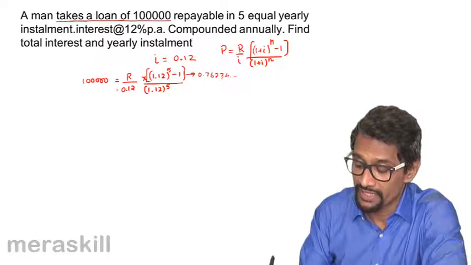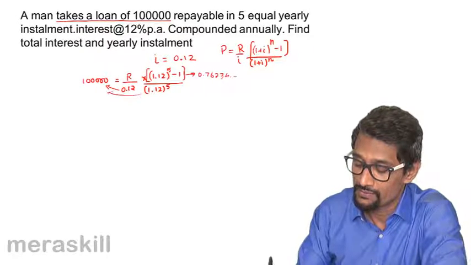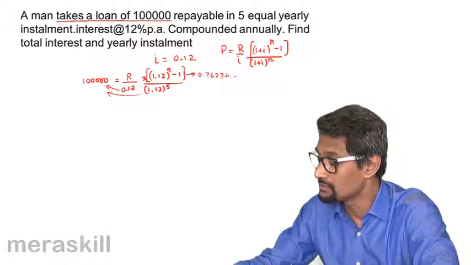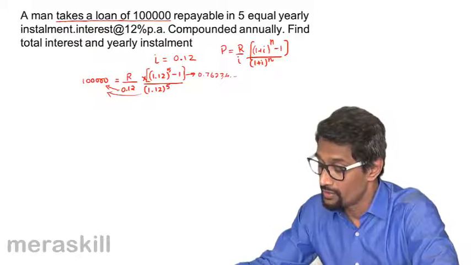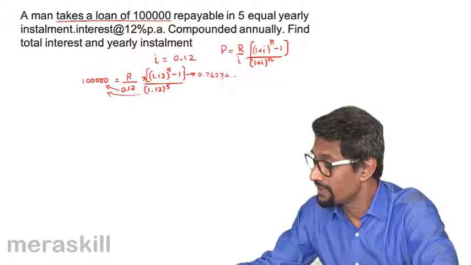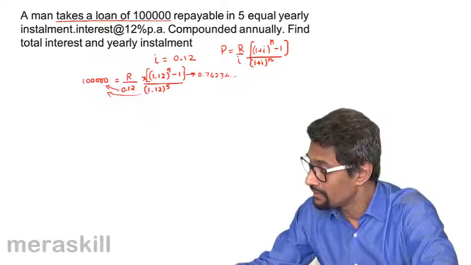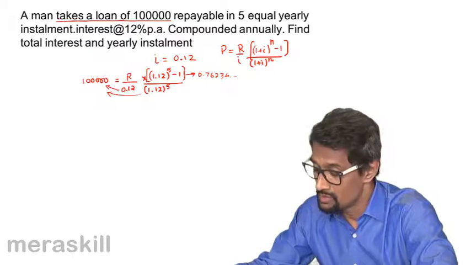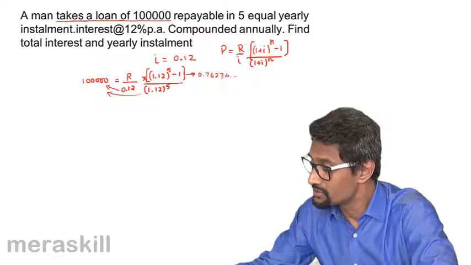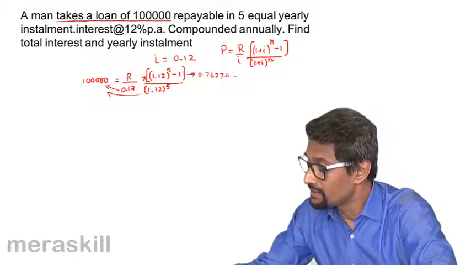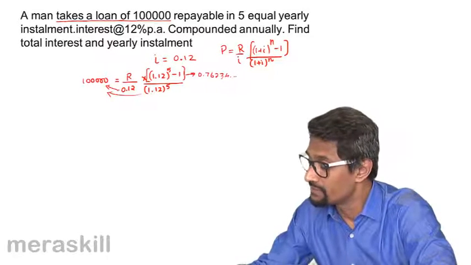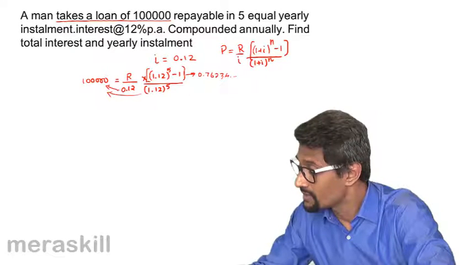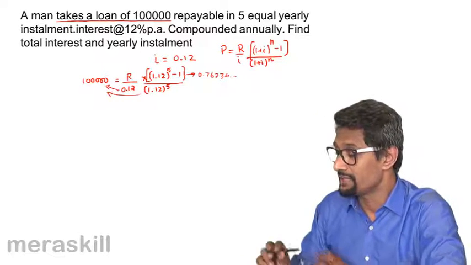Now we need to multiply this as well as this. So we start with 1.12 raised to 5, into 0.12 into 100,000, and this we divide by what we got in the memory, and you get 27,740.